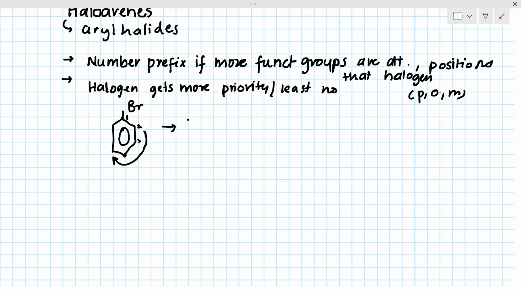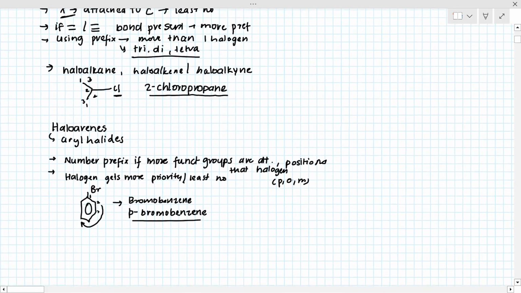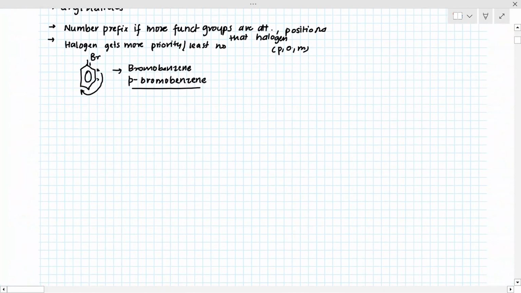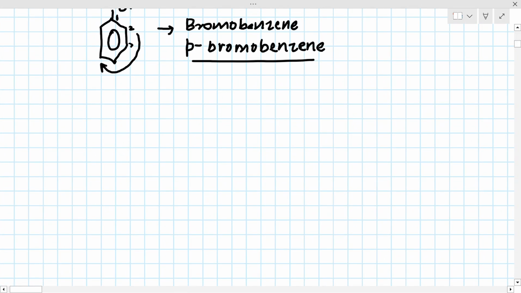You don't have to write 1-bromobenzene; you can just write bromobenzene. But to be specific, you can mention para-bromobenzene. As simple as that.